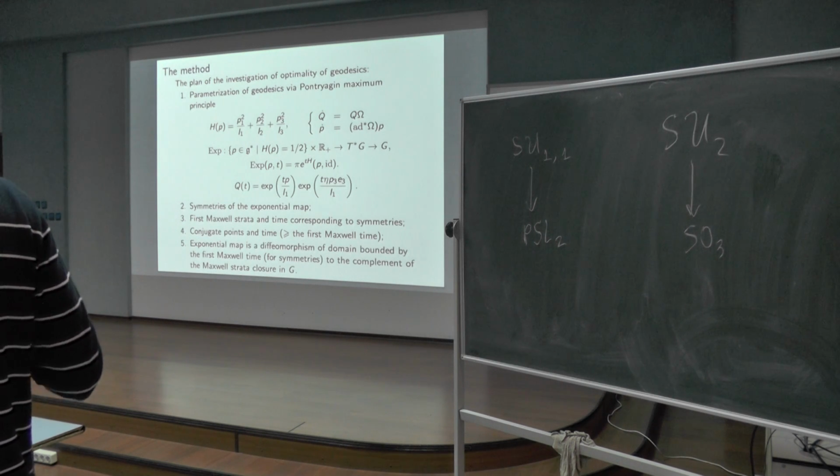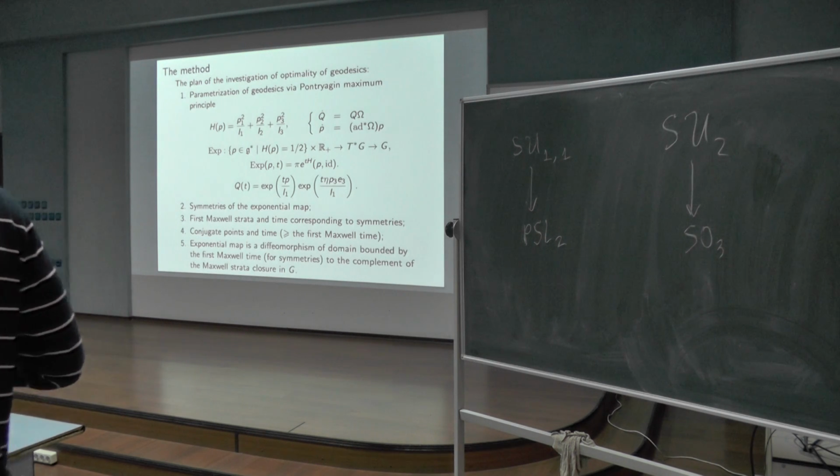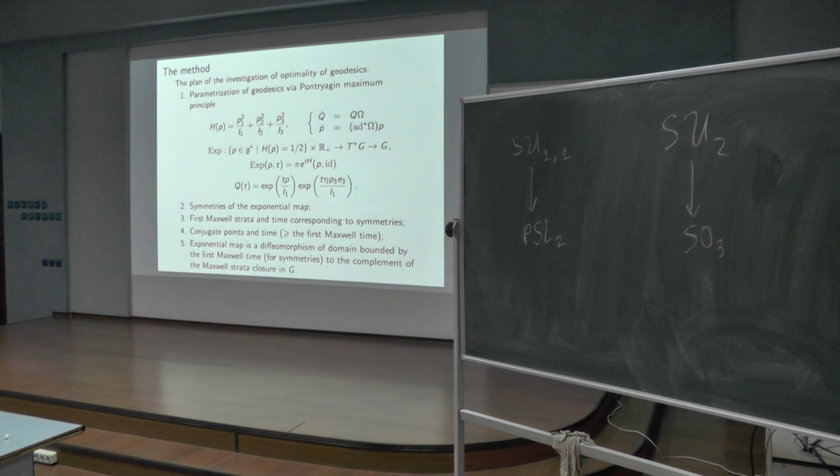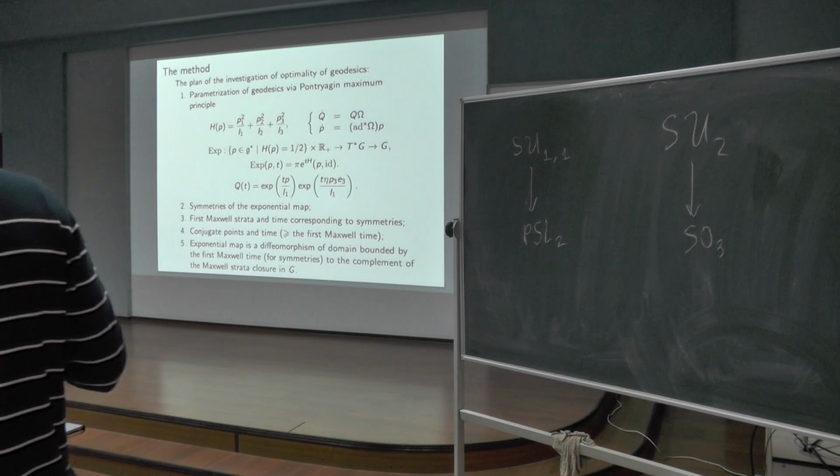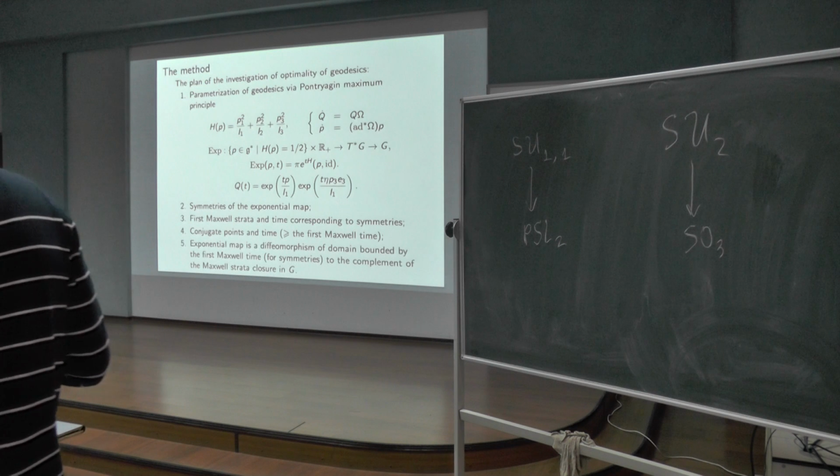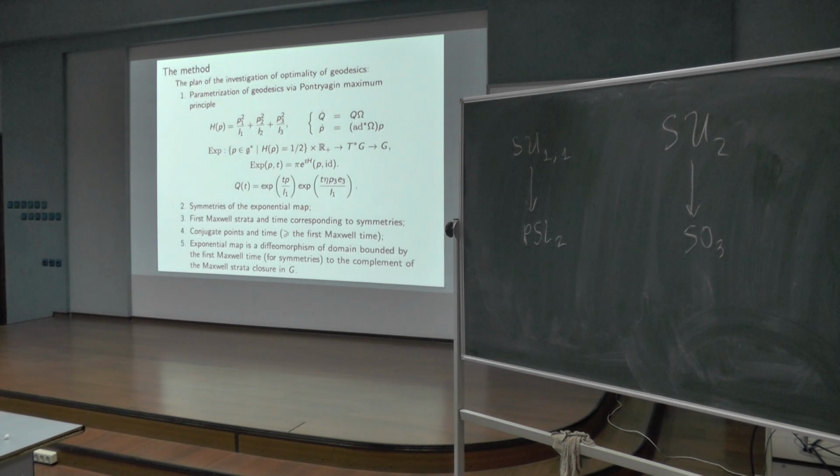The exponential map is just moving during the time t along the Hamiltonian vector field, starting with the initial impulse p and the identity point of our group.